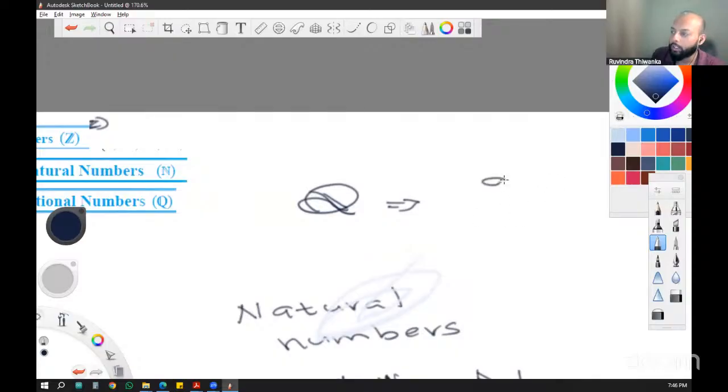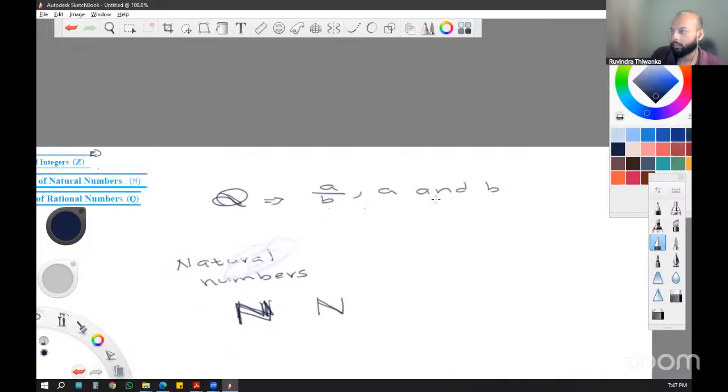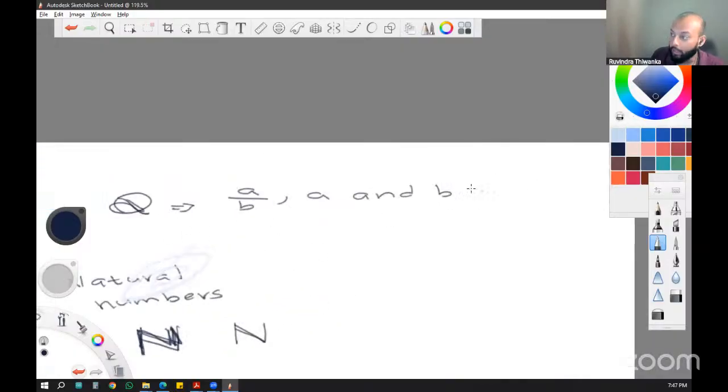If you consider the fraction a over b, a and b are integers, but b is not equal to 0.